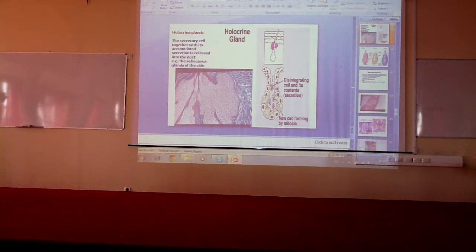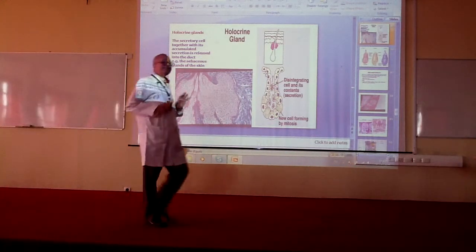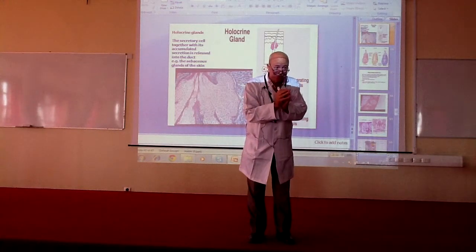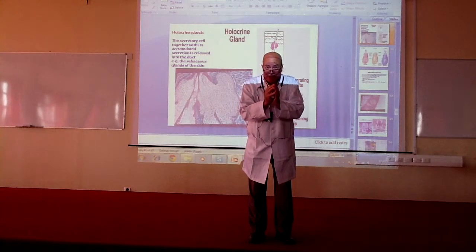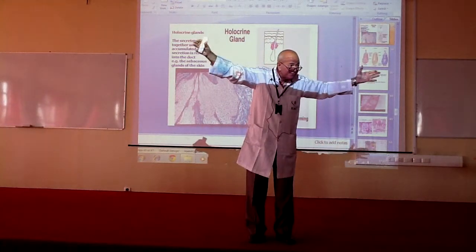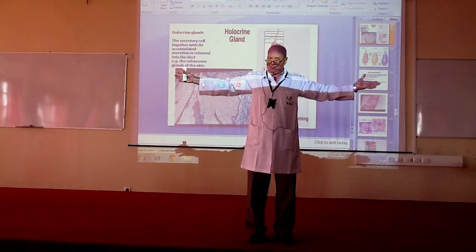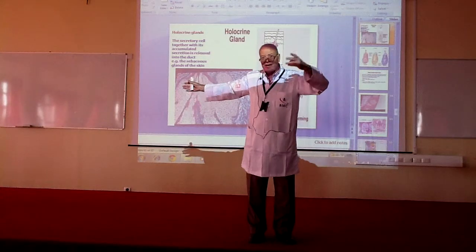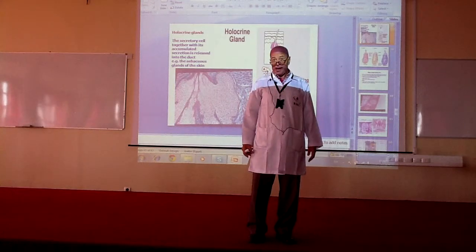Now, holocrine gland. What do we mean by holo? The secretory cells accumulate the secretion until a large amount is formed and then burst off. Explosion of the cell with the release of secretory granules, cytoplasm, and nuclei to the outside.